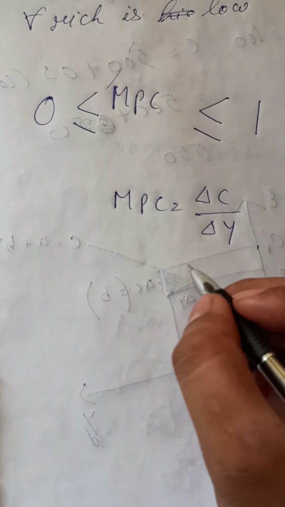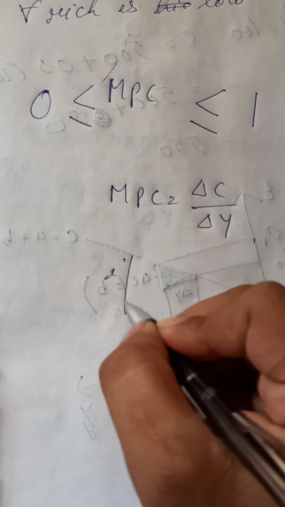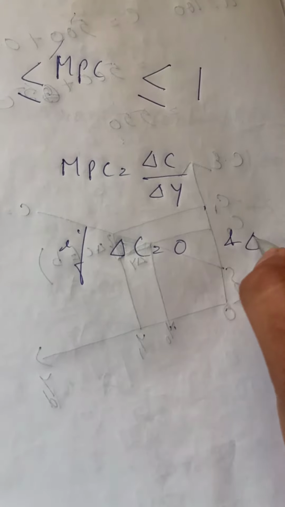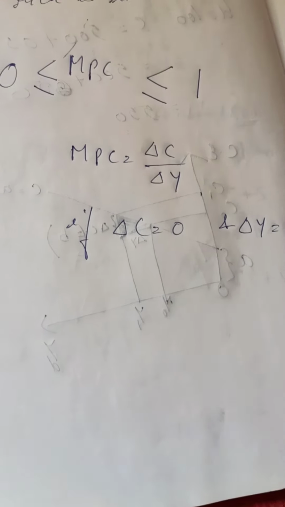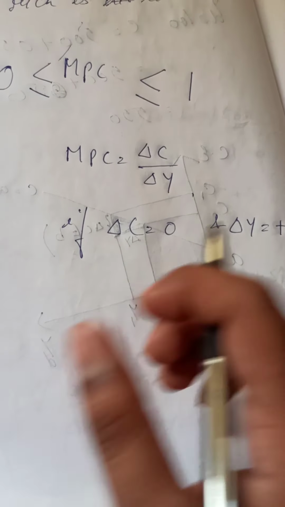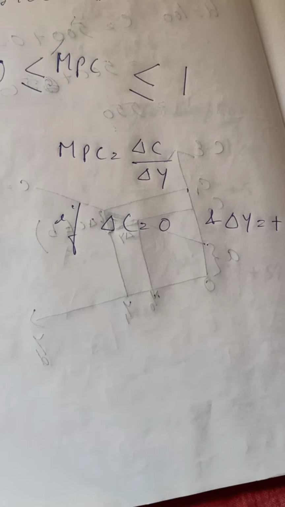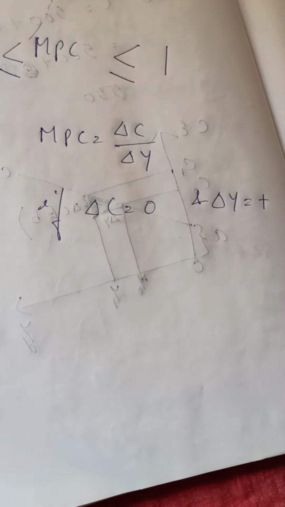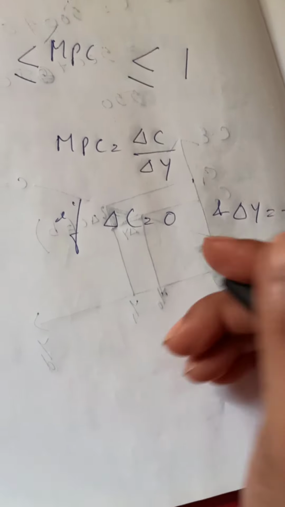If your del C equals 0 and your del Y is something positive, it means there is a change in income, but the consumption is not changing in response to that income. So income is changing but the consumption is not changing. That means we are saving the entire increased income. We are not using the increased income in any consumption.